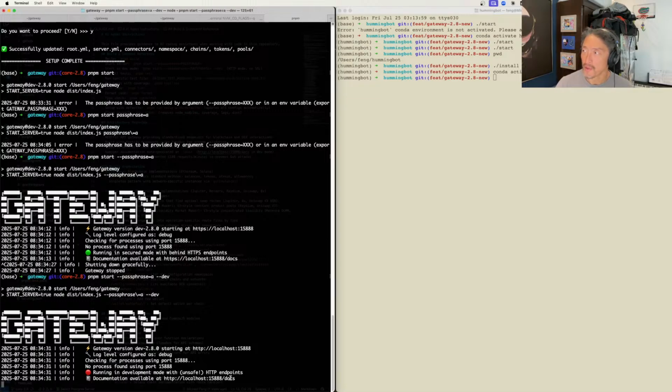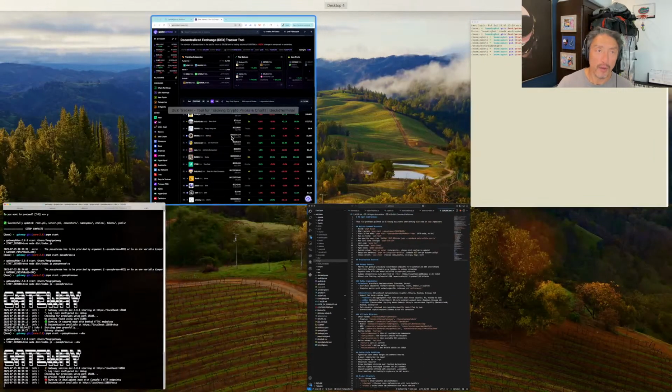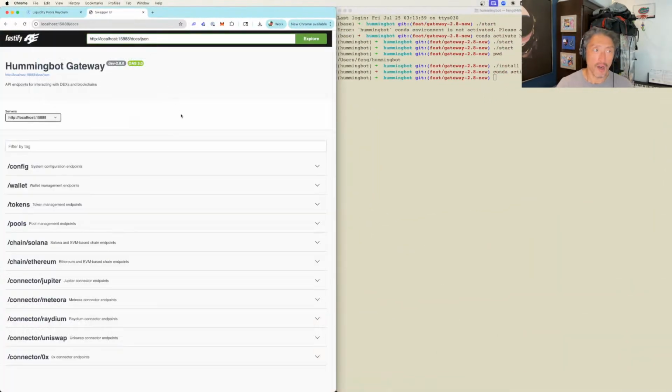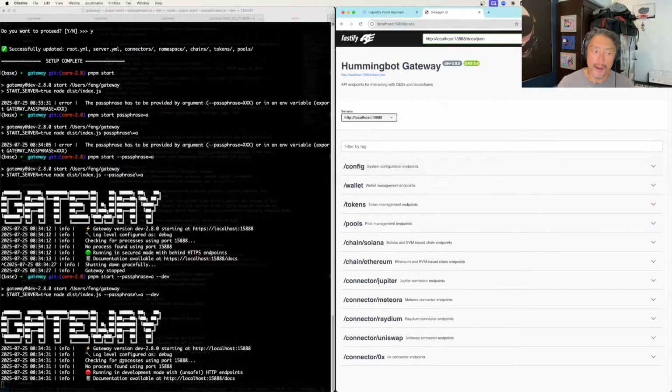This also helps in development because there are interactive Swagger docs on this endpoint. If we go to localhost 15888 docs, you can see all the endpoints that we now have access to now that Gateway is running.